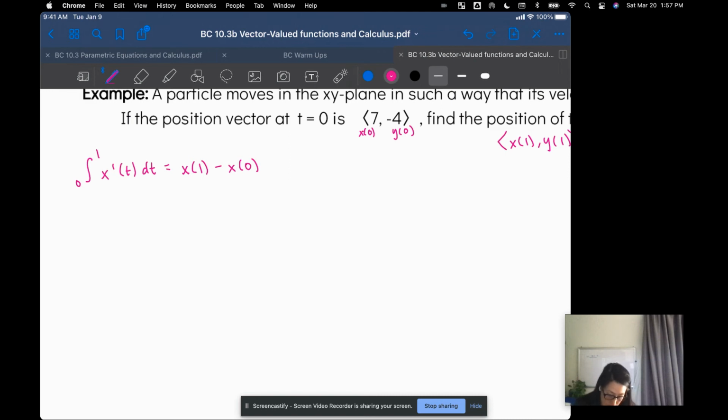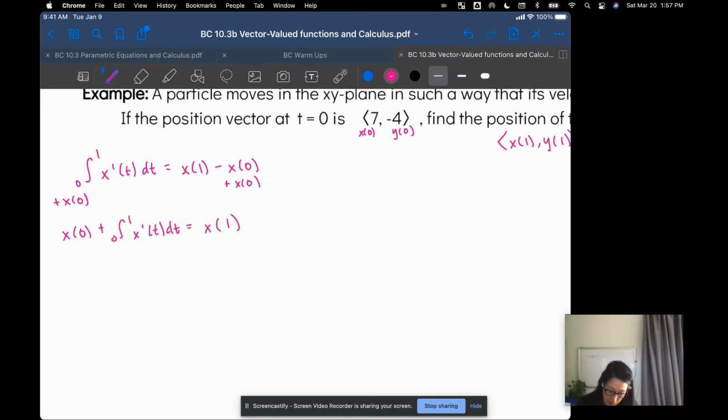I'm going to rearrange this because I want to find x of 1, so I'm just going to add x of 0 to both sides. So I get x of 0 plus the integral from 0 to 1 of x prime of t dt will give me my position, x of 1.